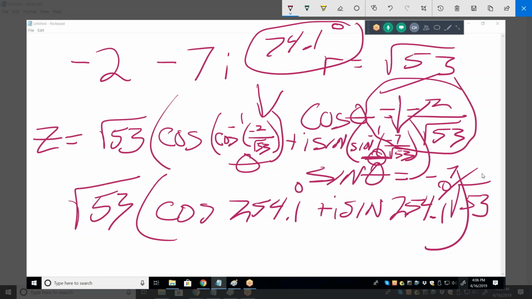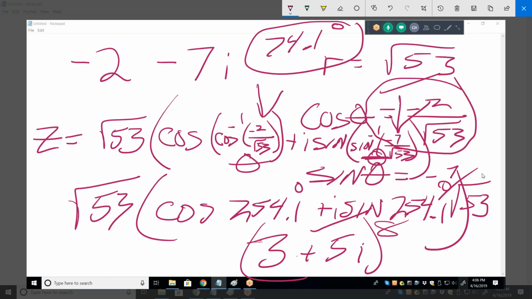It also lets you do stuff like, if I want to figure out what 3 plus 5i to the 8th power is, I can do that using de Moivre's theorem easily. Whereas there's no other easy way to do that. I guess you could use the binomial expansion theorem, but de Moivre's theorem is actually the easiest way to do that.